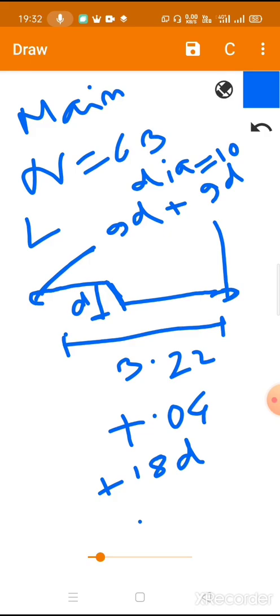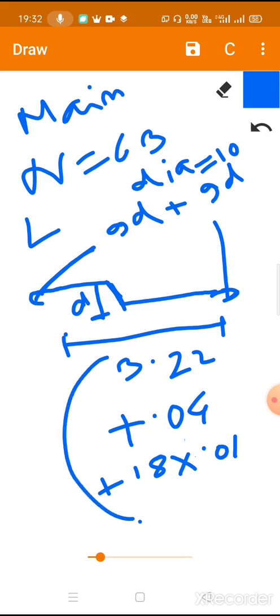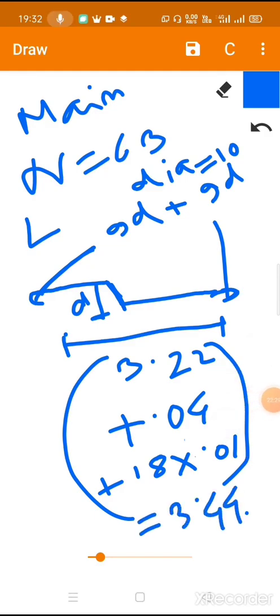So D is 0.01 meter. The total length of one bar comes to be 3.44 meter.